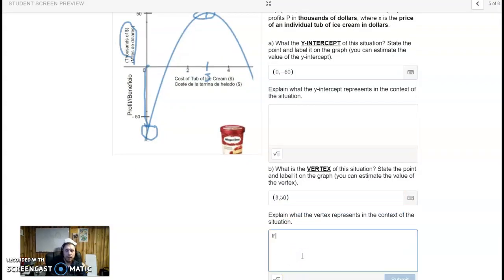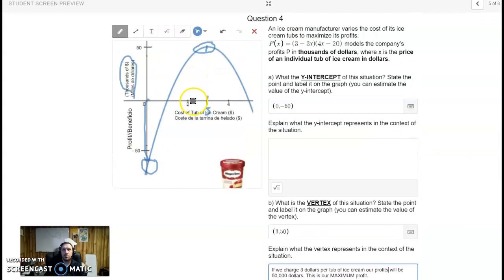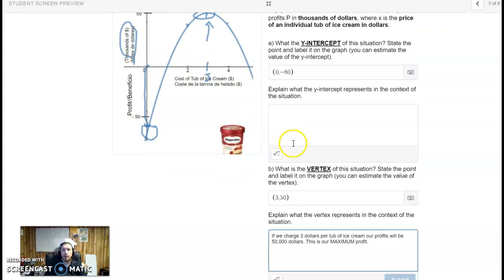It means if we charge $3 per tub of ice cream, our profits will be 50, and it says in thousands, so $50,000. This is our maximum profit. So you can see, if we charge $2, we'd be here. If we charge $4, we're at the same. But if we charge $3, we get that maximum profit. Okay?